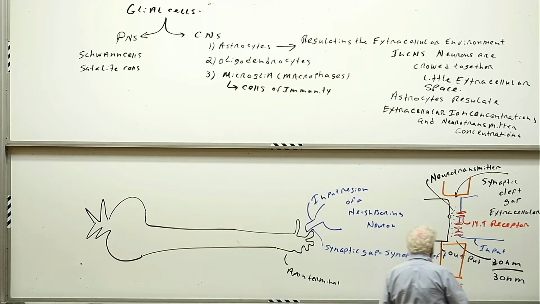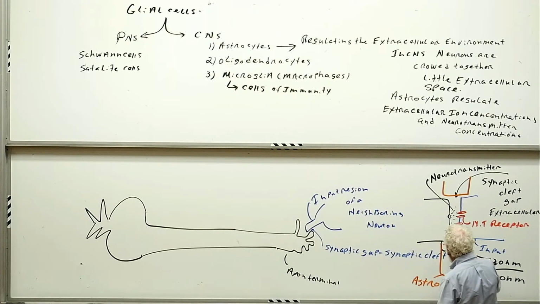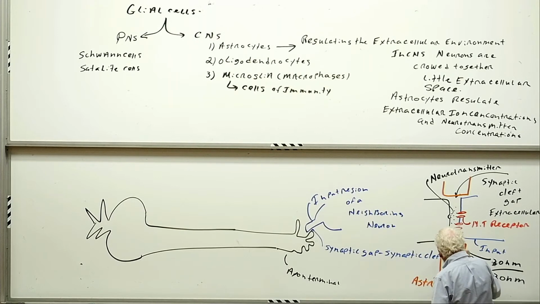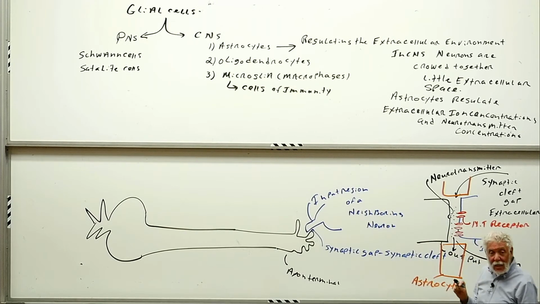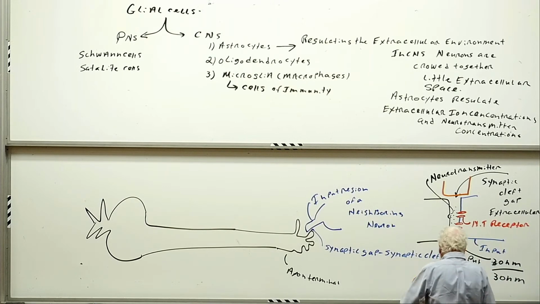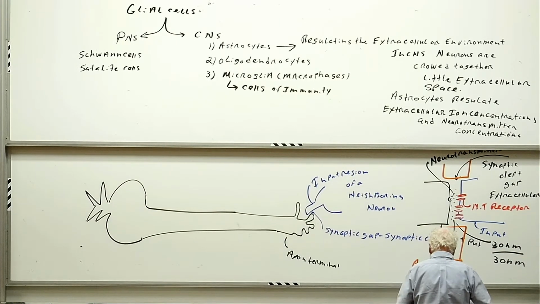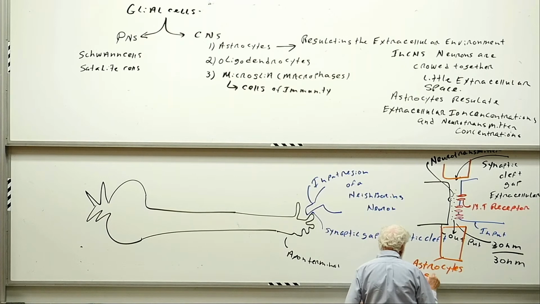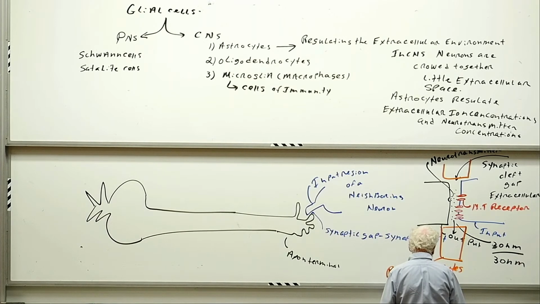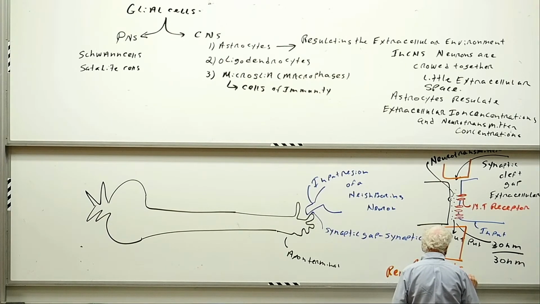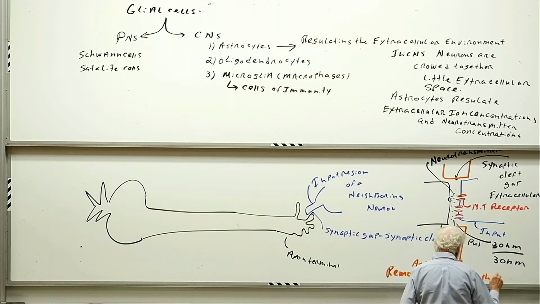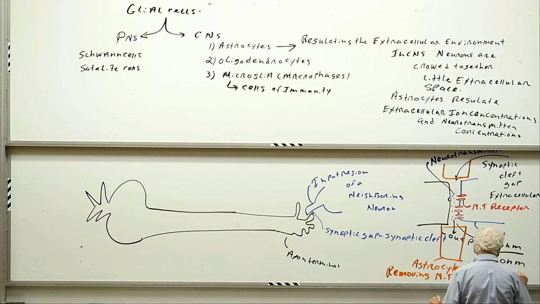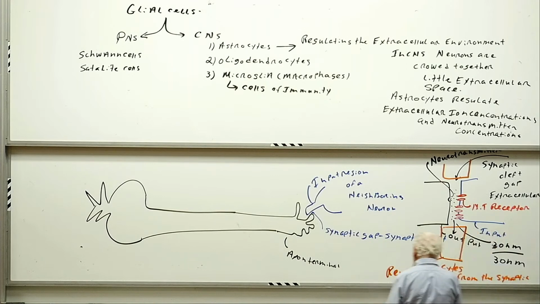And what their role is then is to take the neurotransmitter and transport that neurotransmitter into the glia. So astrocytes have the role of removing neurotransmitter from the synaptic cleft.